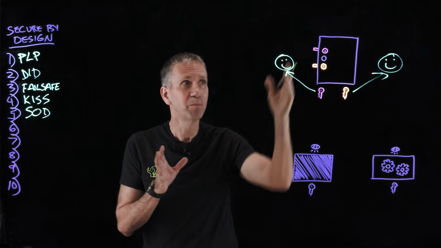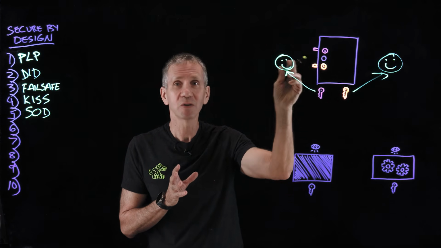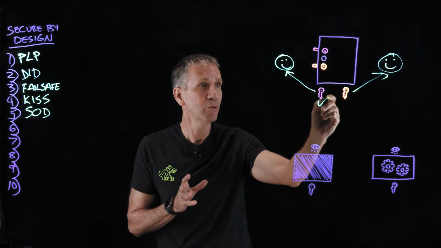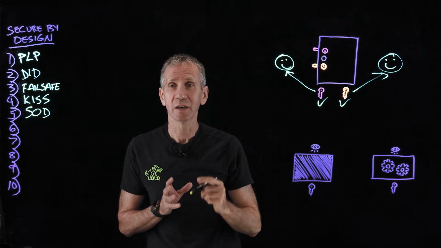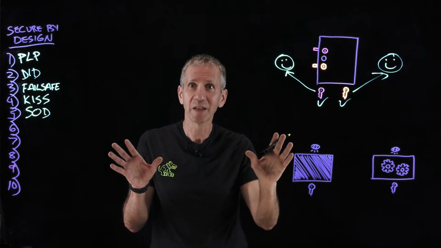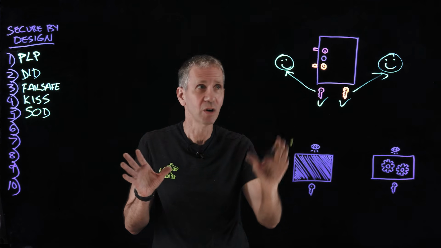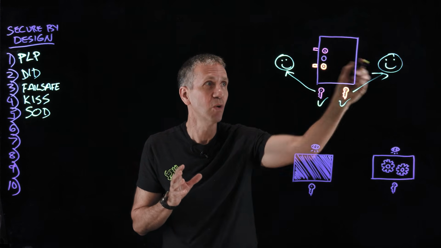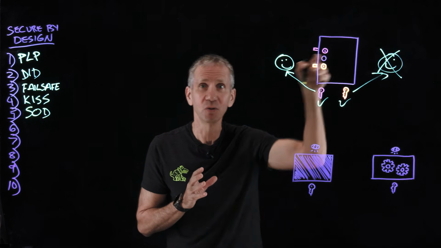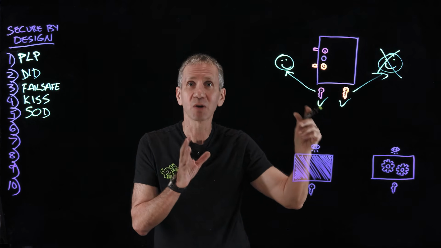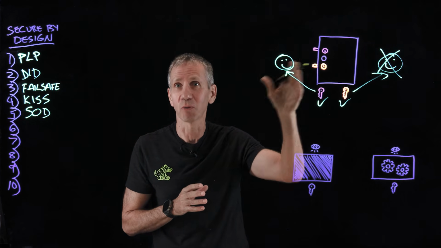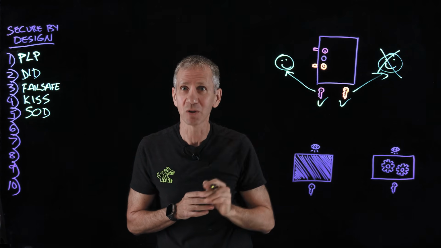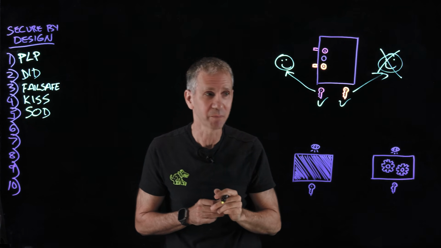Now, if I lock both of those locks, nobody is opening this door unless both keys have been used to unlock it. So in other words, I've spread the ability to open the door across 2 people. Why would I do that? Because now it makes it harder for one single bad actor to do something bad to the system. It requires collusion in order to break into this system. So separation of duties is a good principle to keep up.